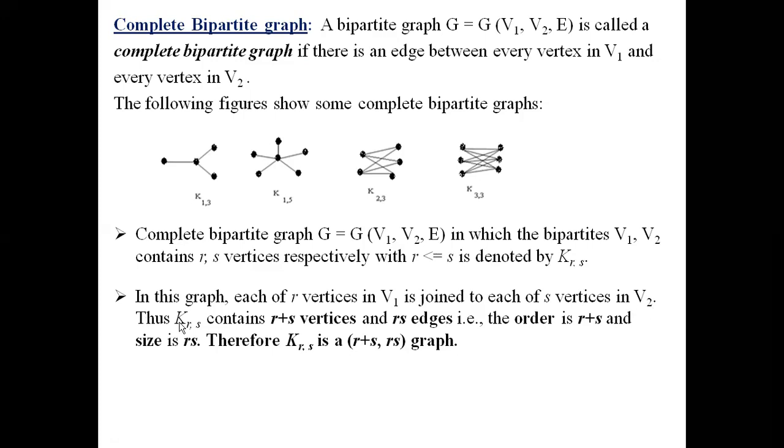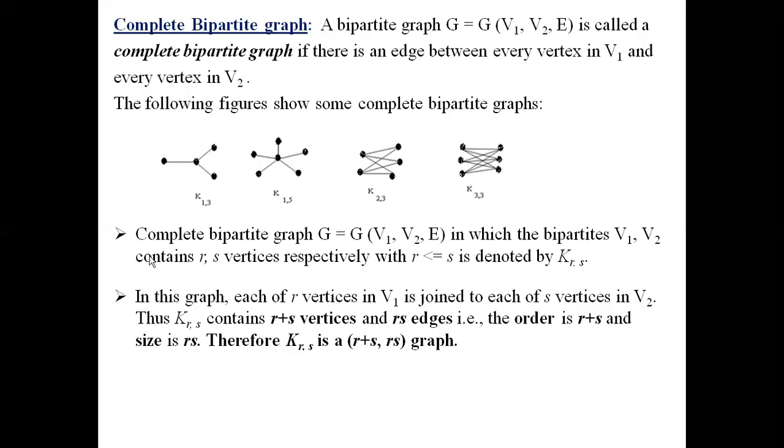And thus there are r plus s vertices and r into s edges in the complete bipartite graph K r,s. So the order is r plus s and the size is r into s. Hence we can represent K r,s as an (r plus s, rs) graph.